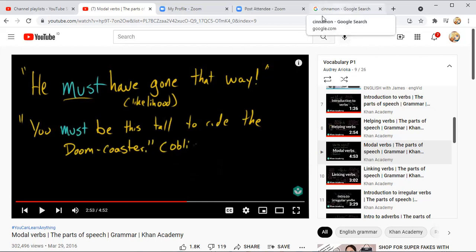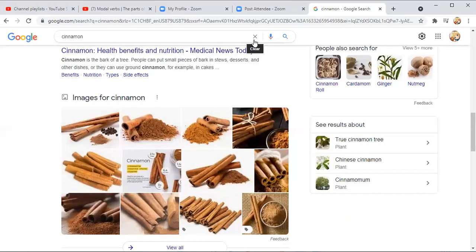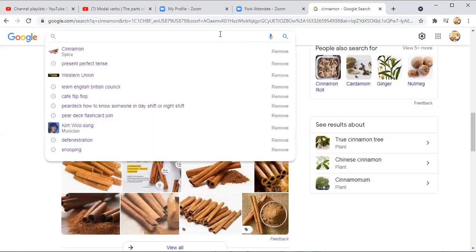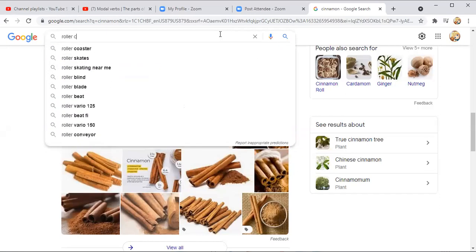When you go to amusement park, usually you will find a roller coaster, right? That's what it is. Doom coaster is just maybe a very, very tall and also thrilling roller coaster. Let me give you roller coaster.